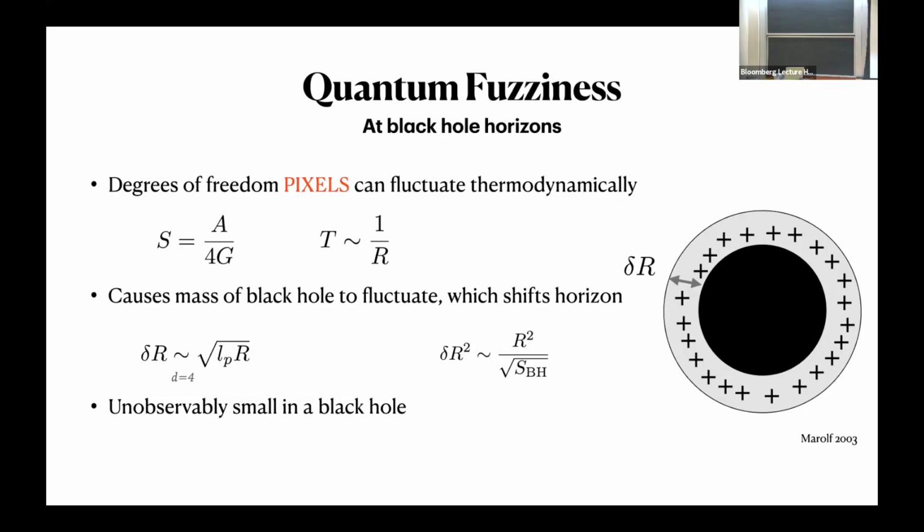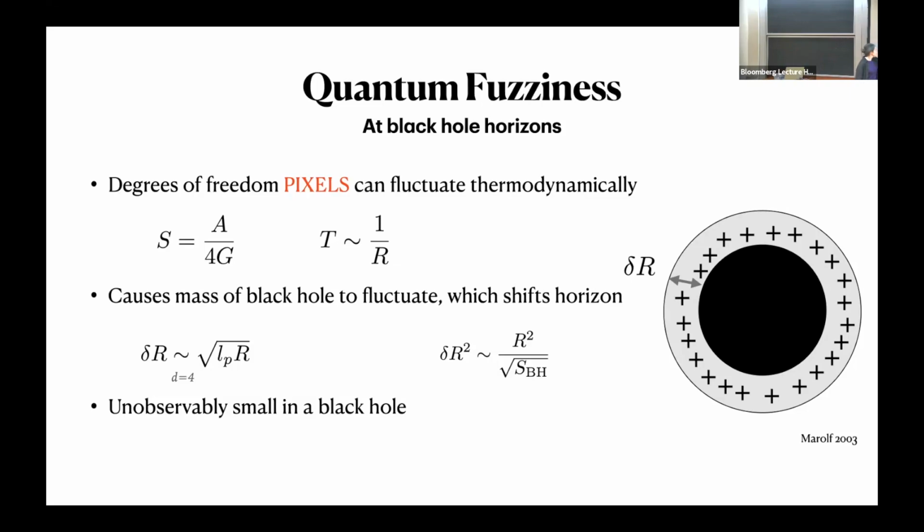I can think about these bits as fluctuating from up to down, so they're just going to have ordinary root n type fluctuations. That will be an effective change in the black hole mass, and that effective change in the black hole mass will give rise to a back reaction that will actually shift the position of the horizon.